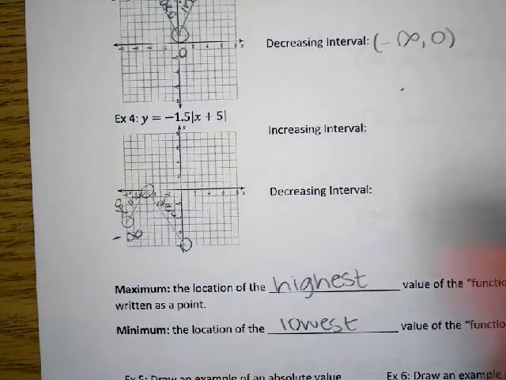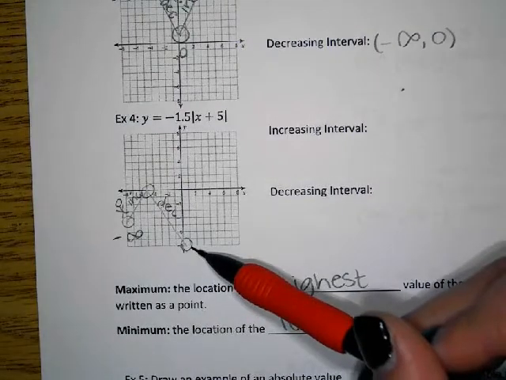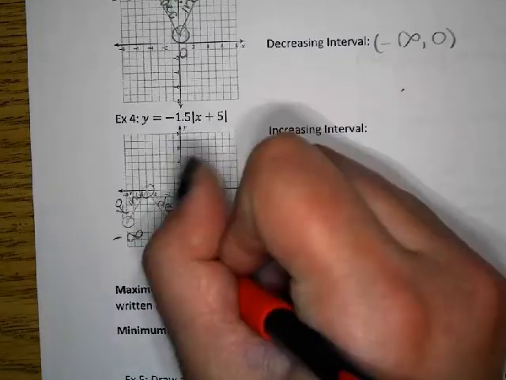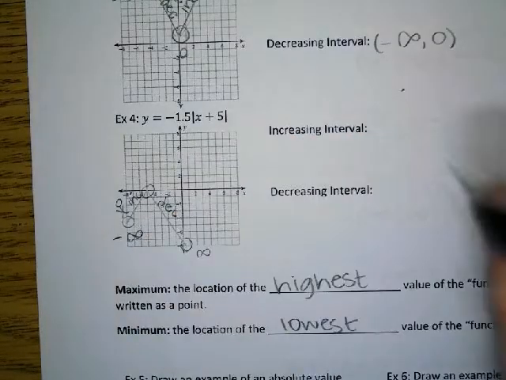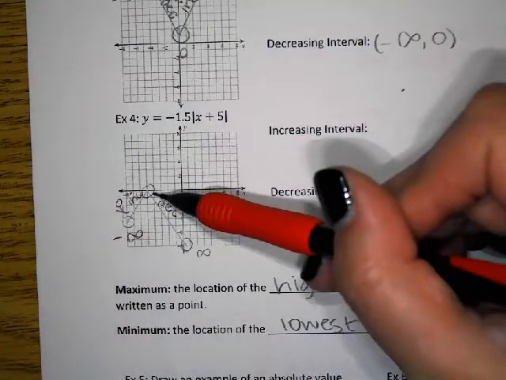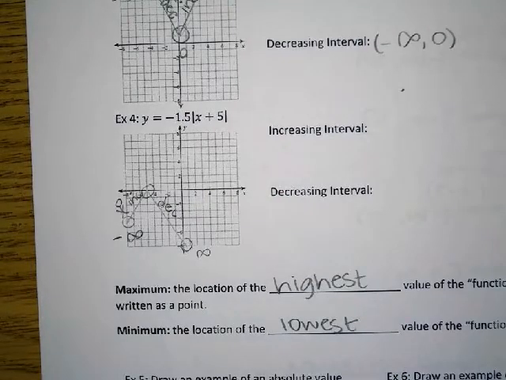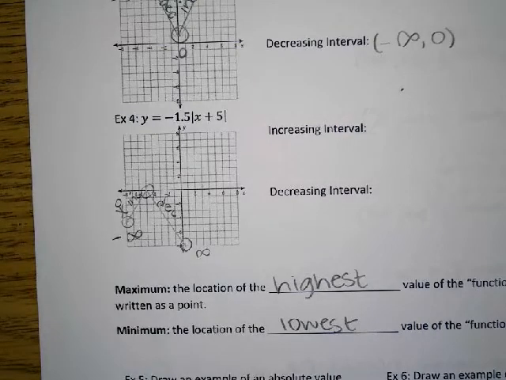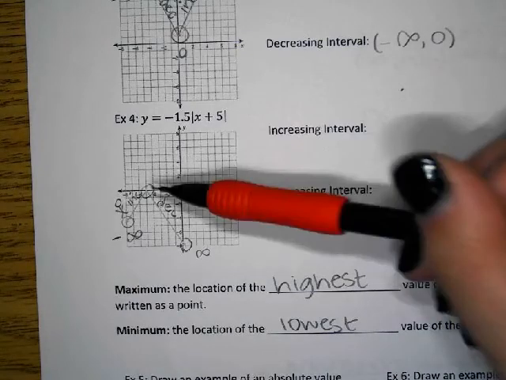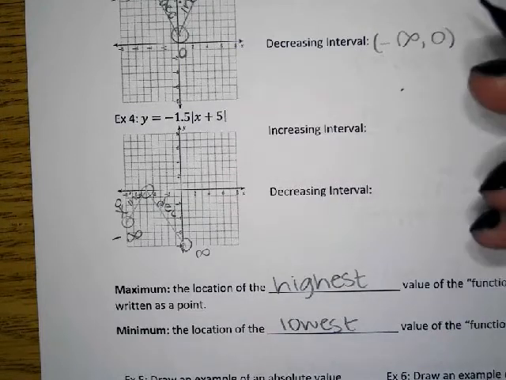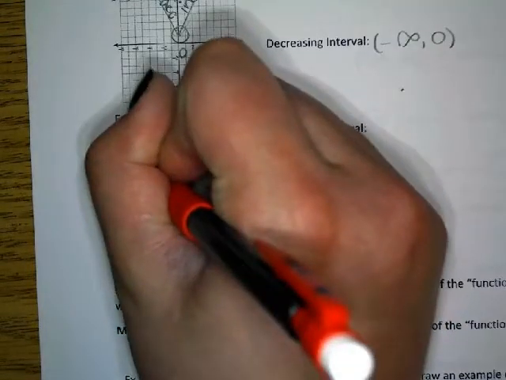It goes left forever. What number do you use for a right arrow? Positive infinity. And then what x value do we use at the vertex? It's an actual point. It's got an x and a y coordinate. Can you see what the x coordinate is? -5. Perfect.